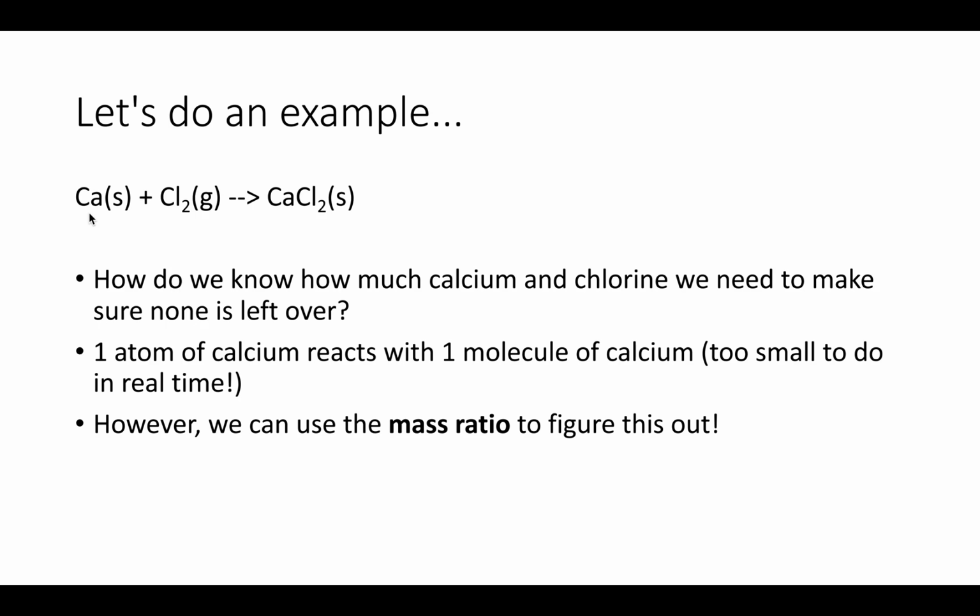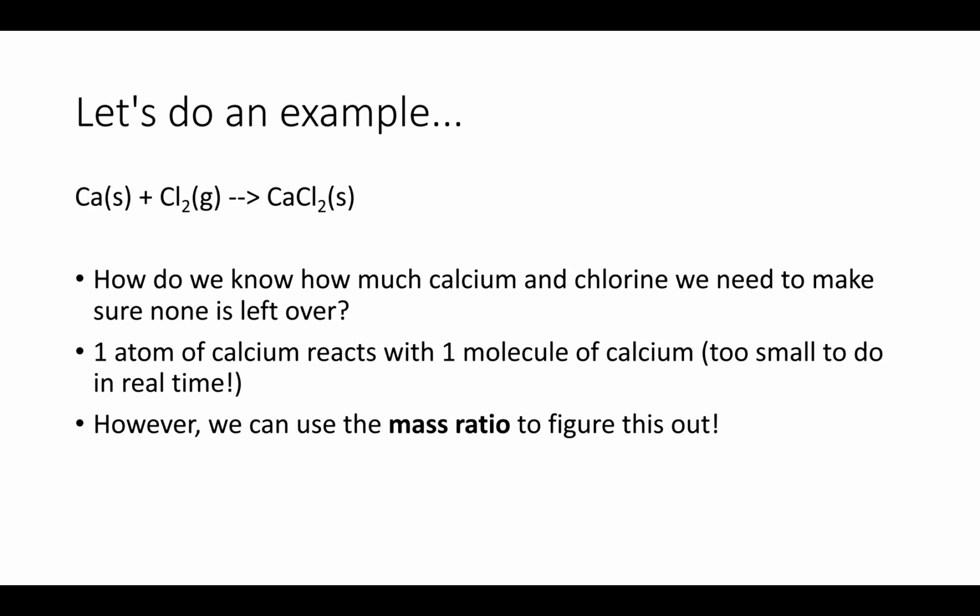But how would you be able to obtain 1 atom of calcium or 1 molecule of chlorine? You wouldn't be able to. So that's why we use the mole to help us quantify these values and be able to perform these chemical reactions.